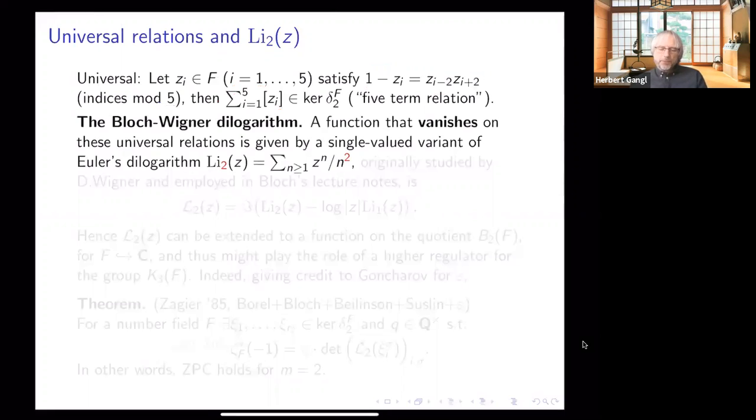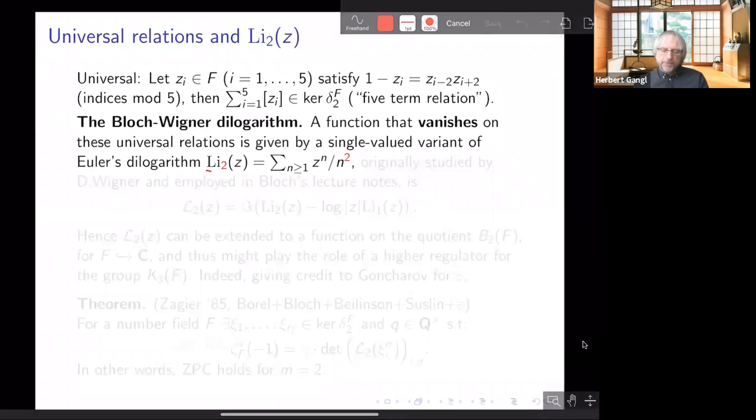Now this points to the following function. The Bloch dilogarithm is a function that vanishes on those universal relations. That means it satisfies the 5-term relation as a functional equation, and it is given by a variant of Euler's dilogarithm function.